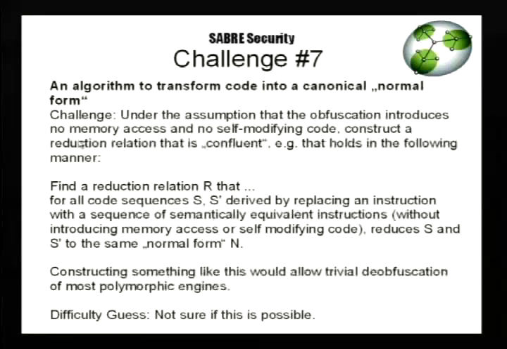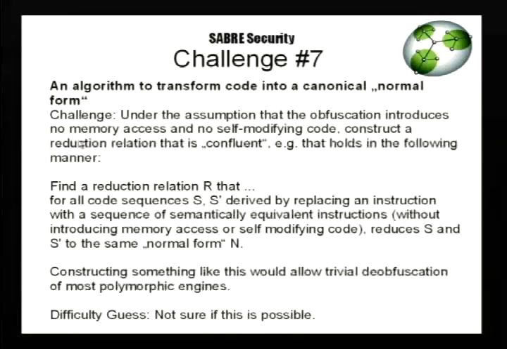Under that assumption, can we build a reduction that takes a bunch of code and reduces it to a common normal form? Meaning that if I have two code sequences S and S', which were both derived from the same source, then I run my reduction relation on them, and I get not necessarily the source, but the same normal form in the end. Because if you can do that, you can strike down 85 to 90% of all the polymorphic engines that I've seen.